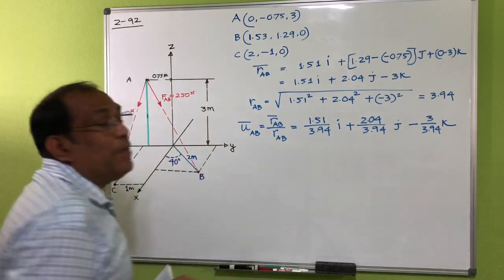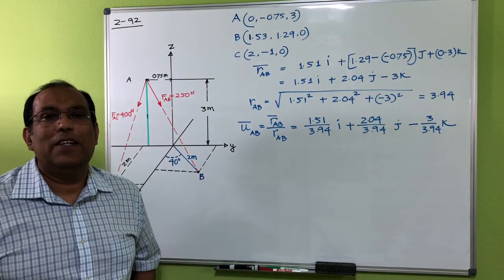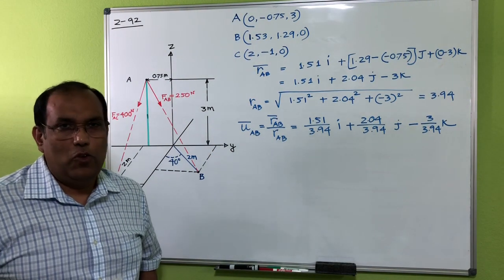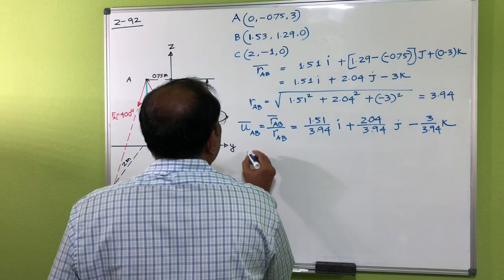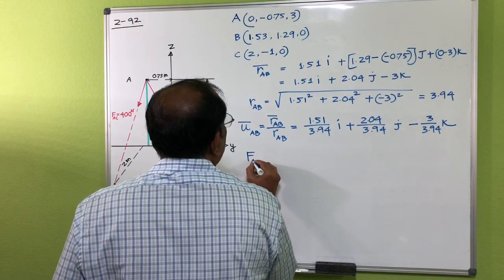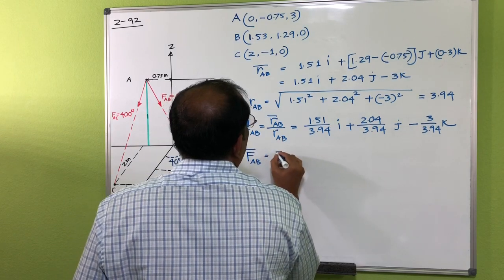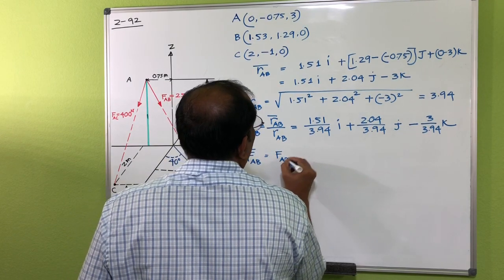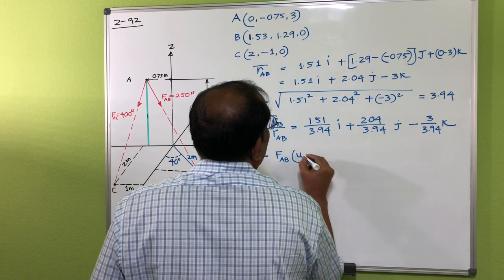So if I want to find out the force vector, then basically I have to multiply that one with the magnitude of the force, right? So FAB is nothing but FAB, the magnitude, multiplied by your unit vector AB.